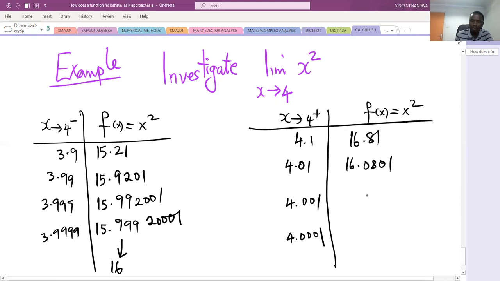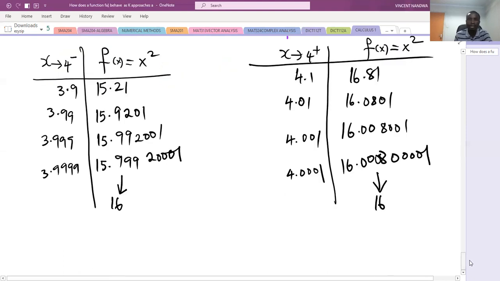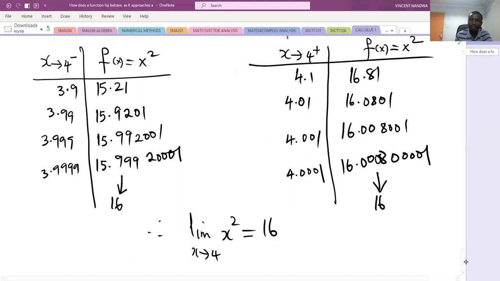Then this will be 16.008001, and then 16.0008001. This is still roughly approaching the value 16. So therefore, we can say the limit as x approaches 4 of x squared is 16.